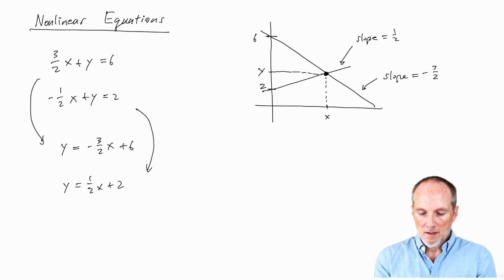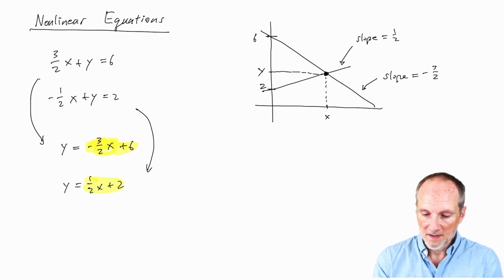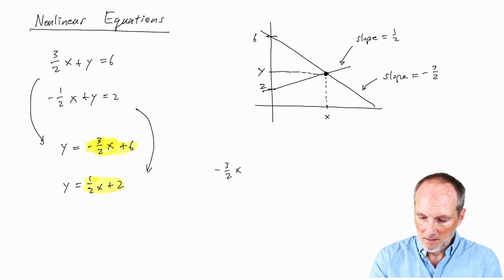Okay. We can do the algebra really quickly. So we know that at that solution, y is equal to minus 3/2 x plus 6. It's also equal to 1/2 x plus 2. So that means that those expressions at the solution have to equal each other.